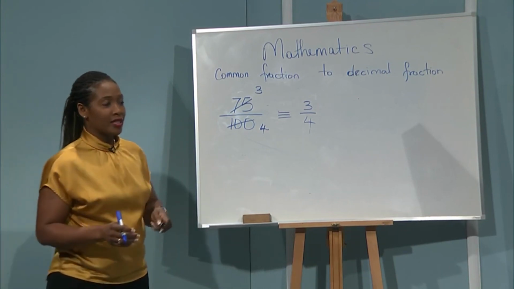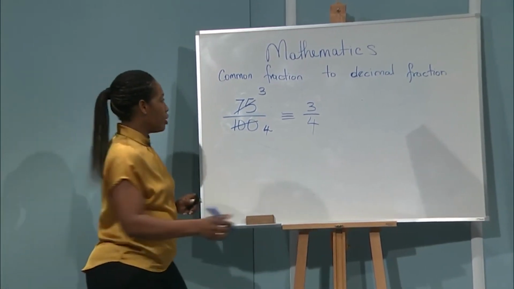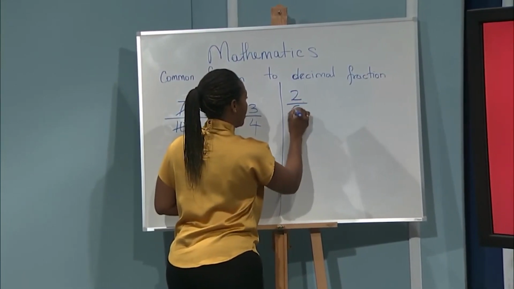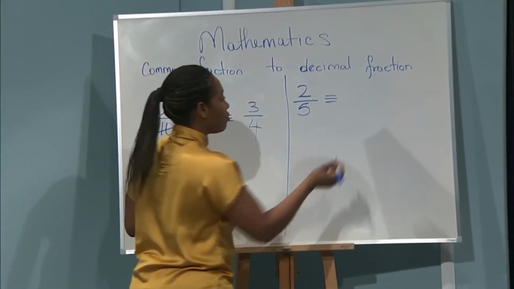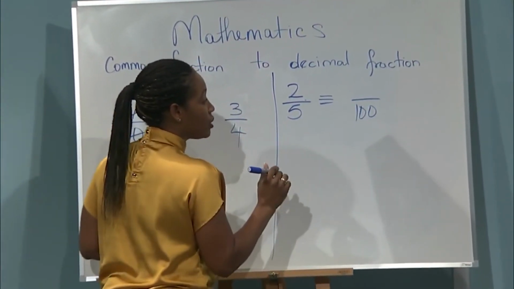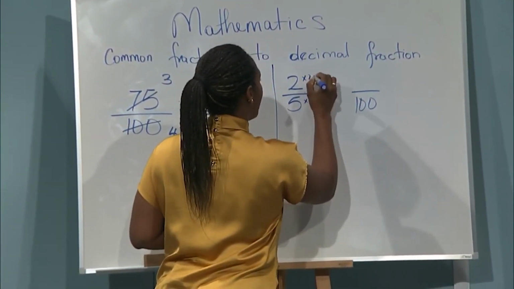And we have our final question for the afternoon. What is 2/5 as a decimal fraction? Let's express it in terms of 100. What does 5 into 100 go? 20 times. So we would multiply that by 20, that by 20.